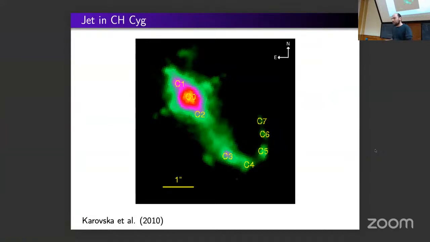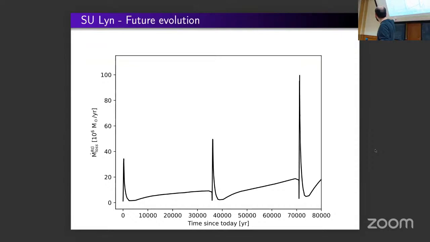So by observing SU Lyn, this increase in the next decades, we can see how a star becomes a symbiotic star. So it's a very interesting object for the future, for the younger people to observe. And when we observe how it becomes a symbiotic star, maybe we can then see where our evolutionary models are wrong.